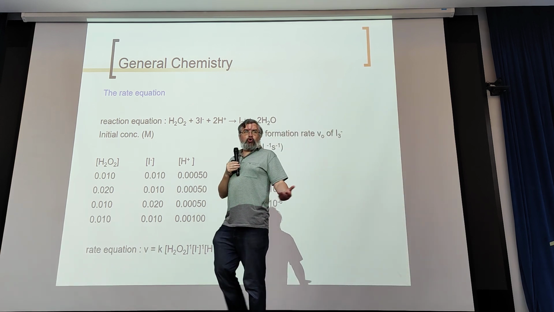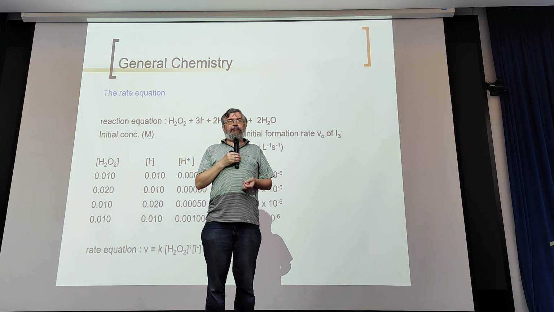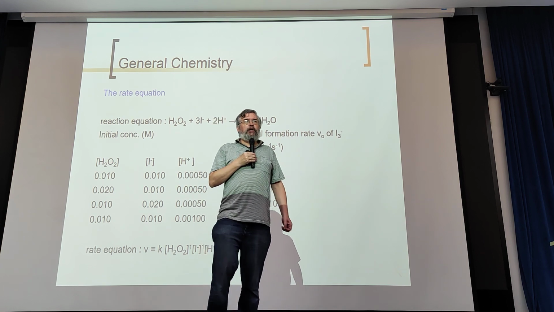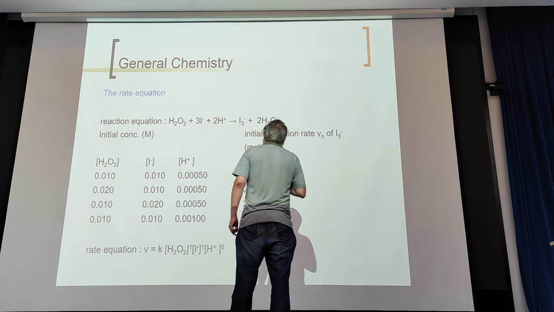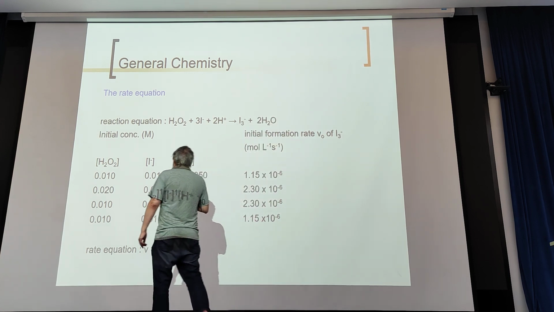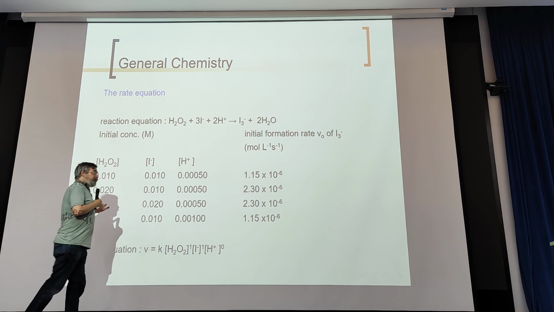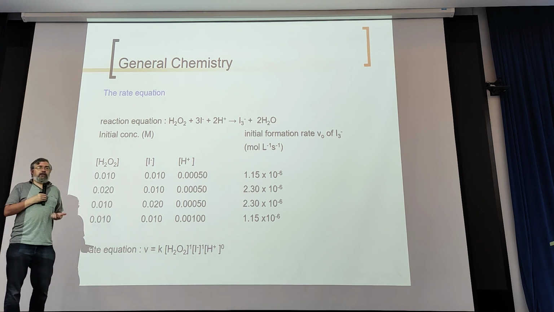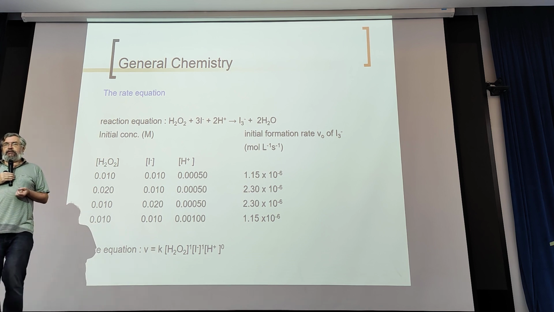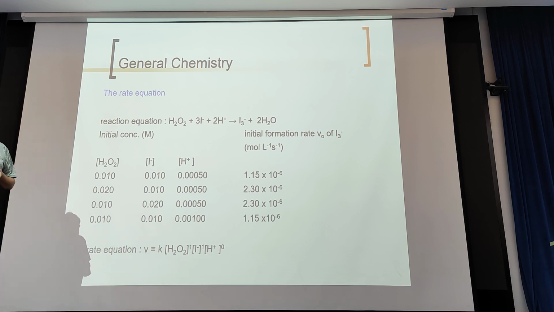Water is a solvent, so we don't really need to consider it as a product. If we consider the three reagents, hydrogen peroxide, acid, and iodide, what is the effect on the initial rate?